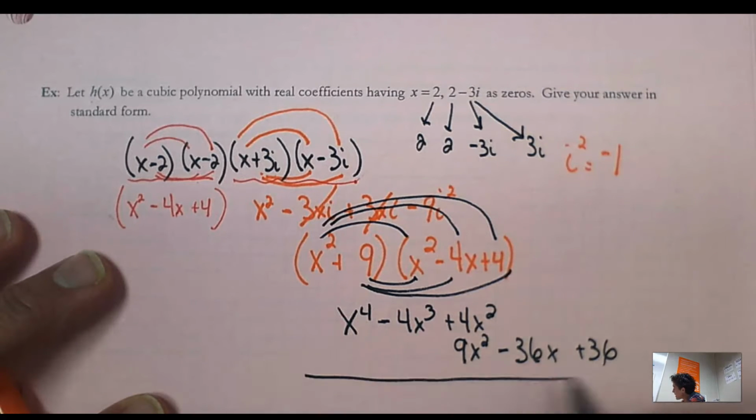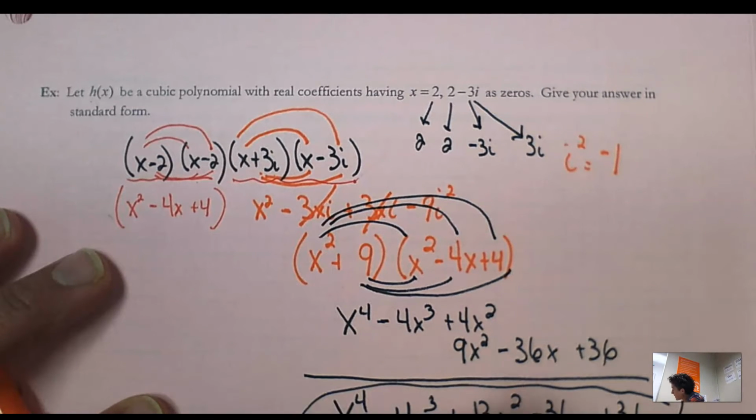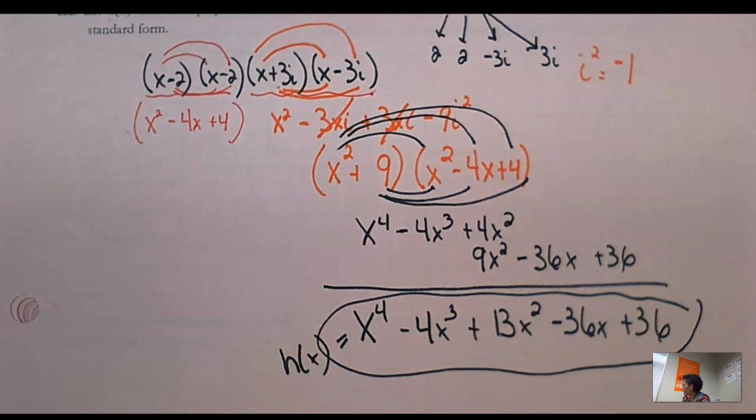So when I'm done, this is x to the 4th minus 4x cubed plus 13x squared minus 36x plus 36, and I should put h of x equals here because that's what it says. Whoops, sorry you couldn't see that answer, but now you can see it. I just combined the 13 and brought those things down.